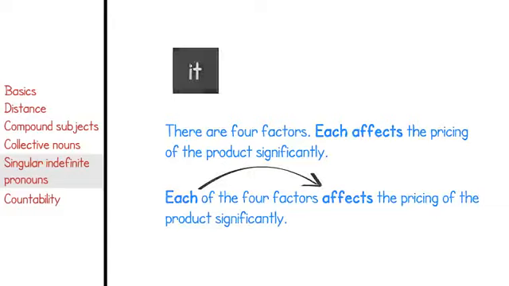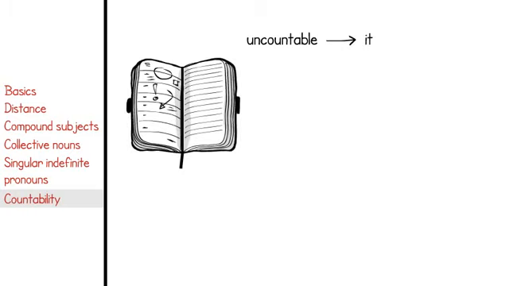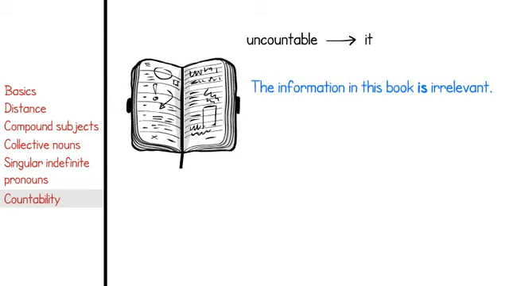Another area affecting subject-verb agreement is countability. If a word is uncountable, the related verb will be in the third person singular form, like it. For example, the information in this book is irrelevant, but the students in this class are punctual.